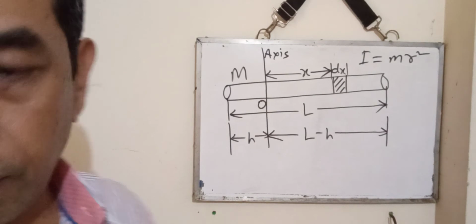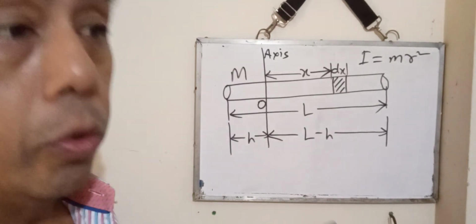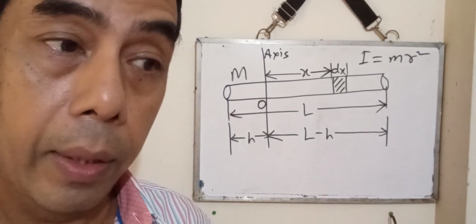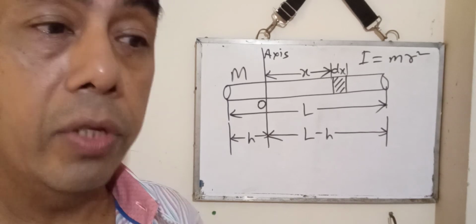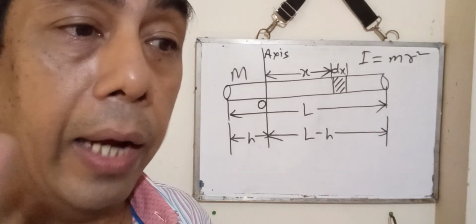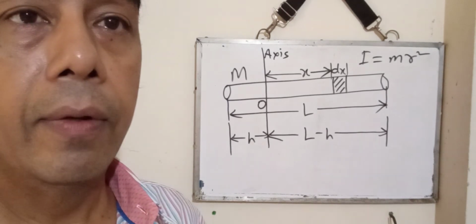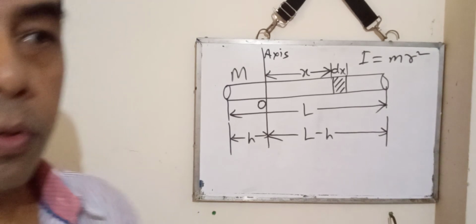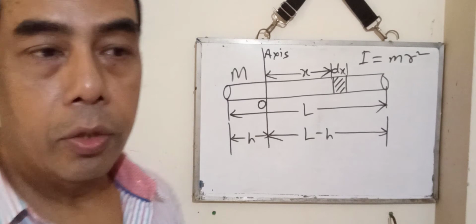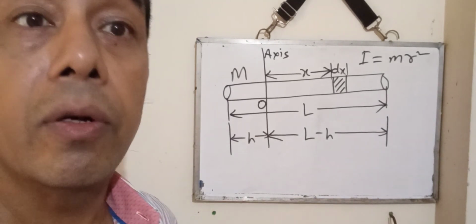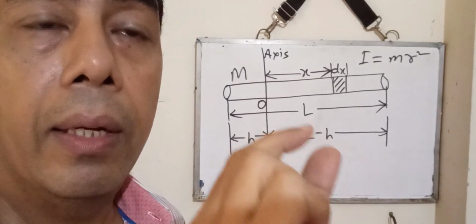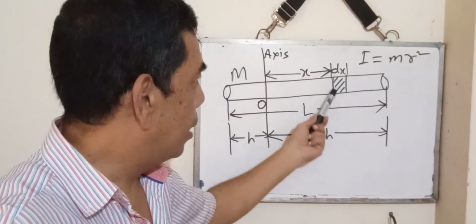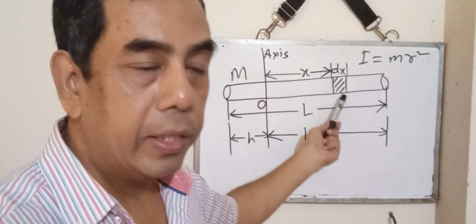Now to find the moment of inertia of the total rod through the calculus method, firstly you have to consider an infinitesimal, or very small, amount of mass. Suppose this is the infinitesimal mass.